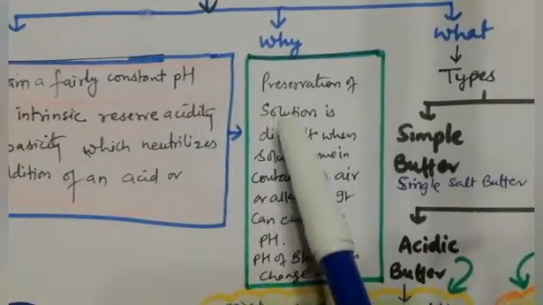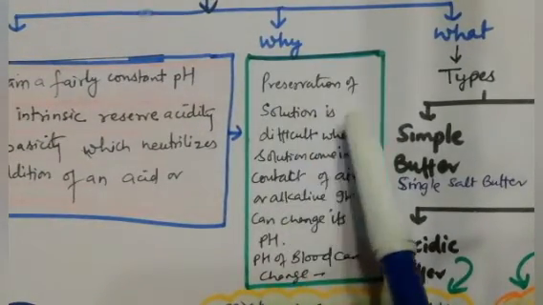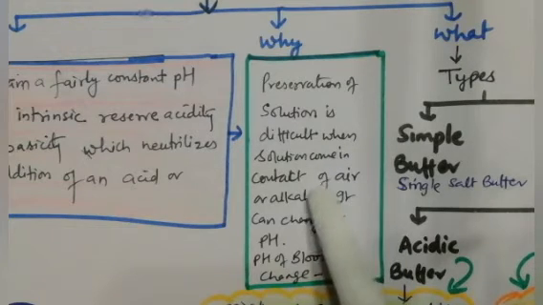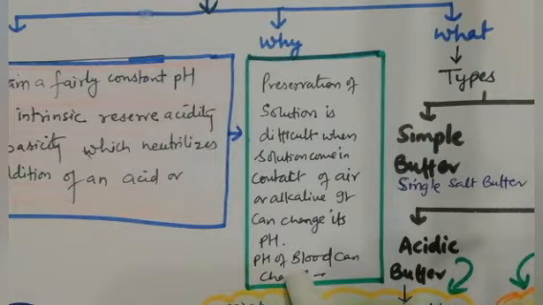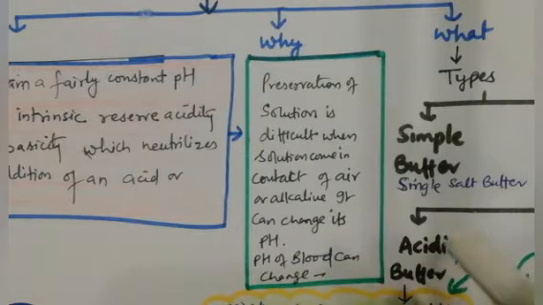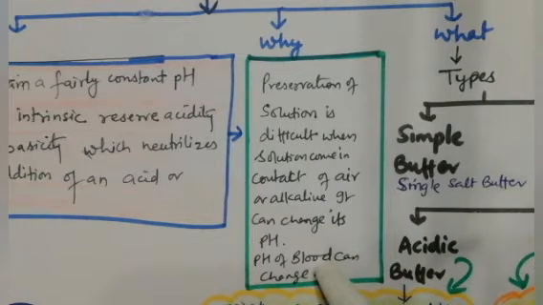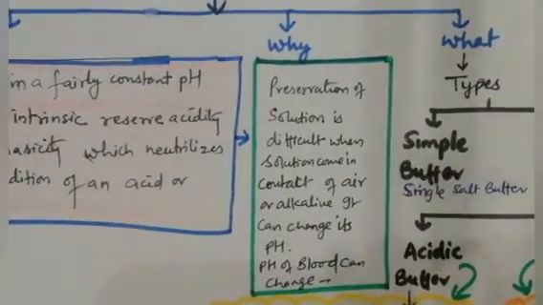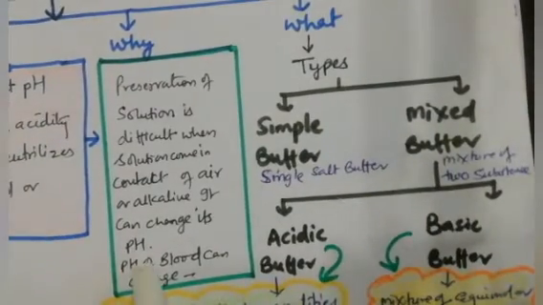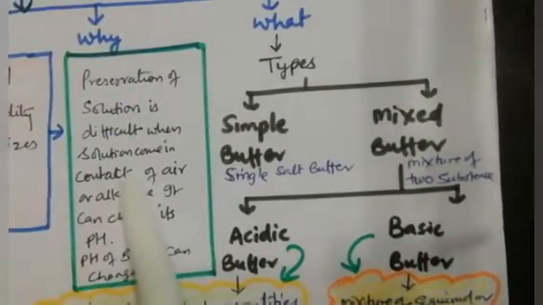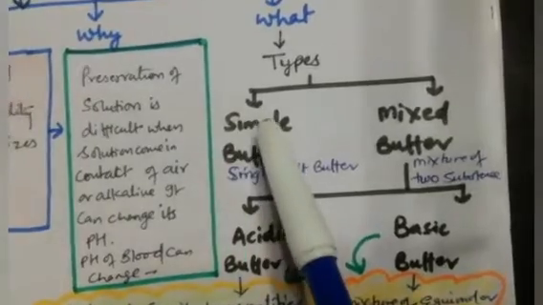It is because preservation of a solution is very difficult. When a solution comes in contact with air and alkaline, it can change its pH. Suppose our body blood pH is 7.4, which can be changed, and once that pH of blood changes, it is very difficult. Our body will not work smoothly at that point. So for that purpose we need to preserve that pH, and for that purpose the buffer solution does its work.